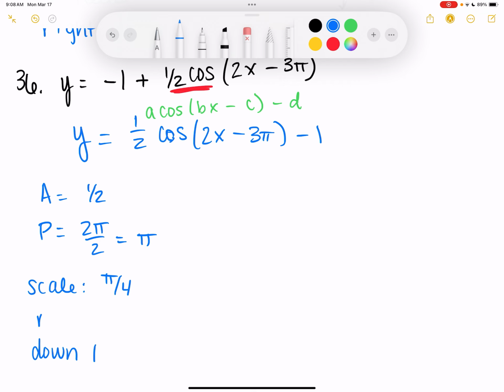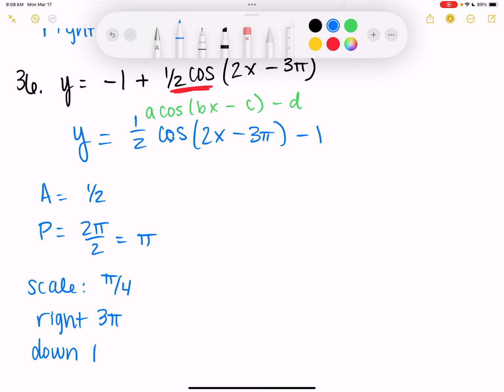Yep, right, 3 pi. So that's going to be pretty crazy, okay, because my period is pi, but my scale is pi over 4. So that means it's going to be going way out, right? So when I set up this graph, I always visually, mentally, think about what this graph is going to look like, okay?